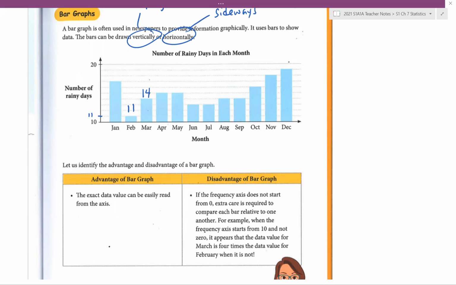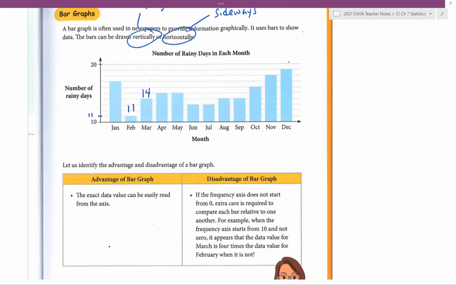Okay, I think you all mean 3 times more. But we say how many from the diagram? Actually, it looks like 4 times of February. Looks like 4 times of. Alternatively, you can say it looks like it is 3 times more.